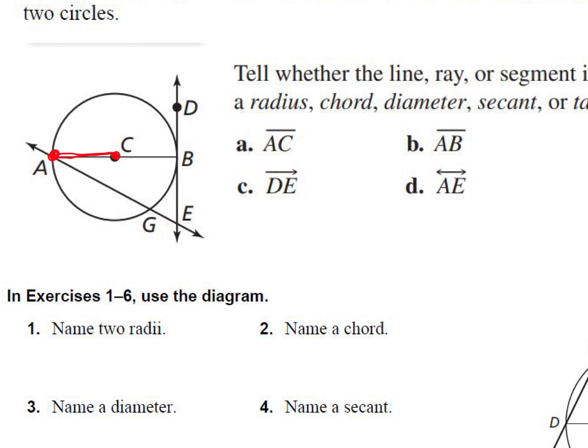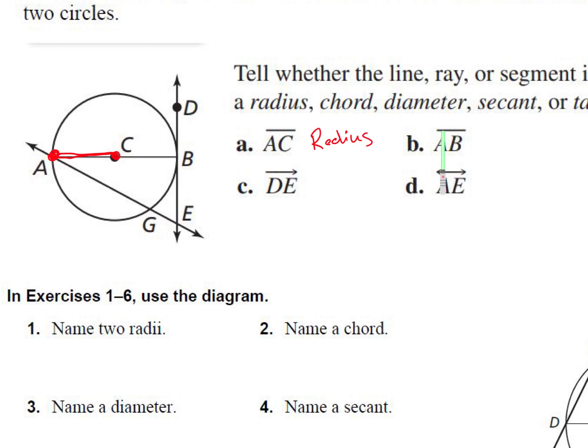So it's just talking about that segment from there to there. Is it a radius, a chord, diameter, secant, or tangent? Radius. How do we know? Yeah, it goes from the center to the edge, right? That's the radius.